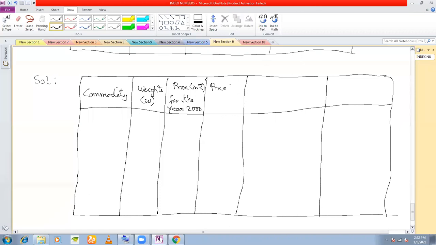Price in rupees for the year 2005. Okay, so 4 columns as they are given.